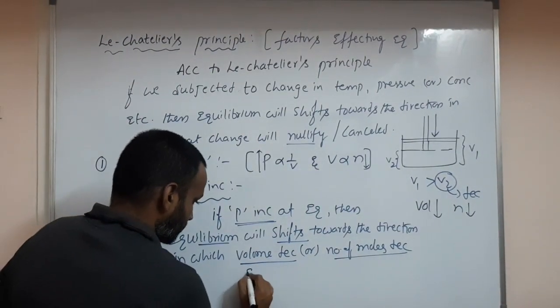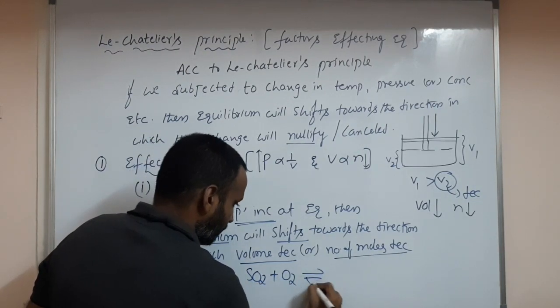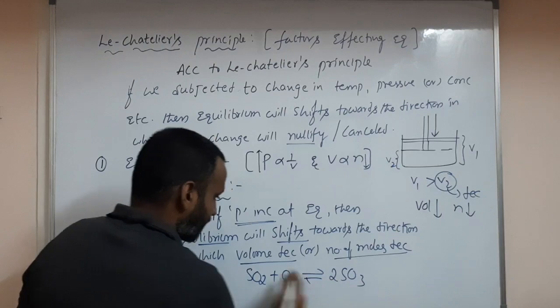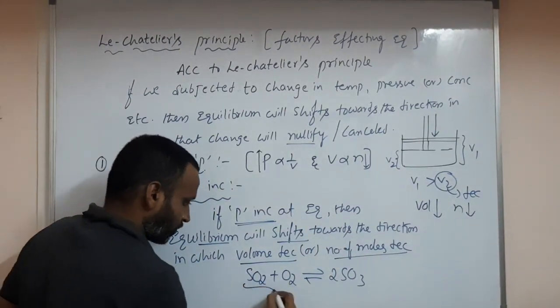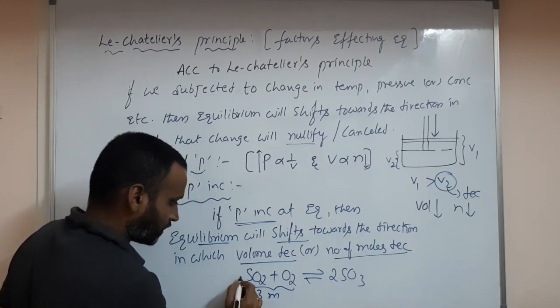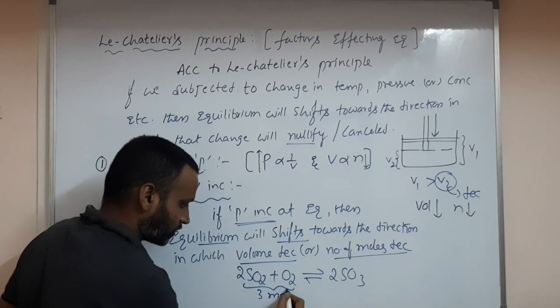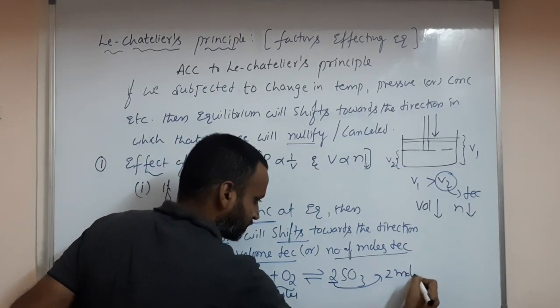I'll give you one example: 2SO2 plus O2 in equilibrium with 2SO3. In this equilibrium reaction, the reactants, 2 SO2 and O2, are 3 moles. And the product is how many moles? 2 moles.